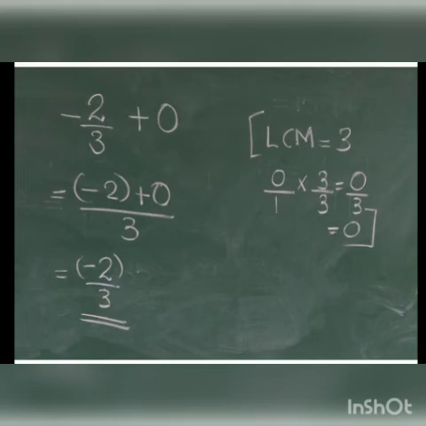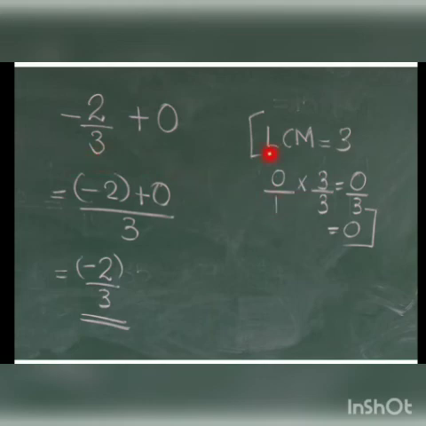Next, one more example. Negative 2 by 3 plus 0. Here, without calculating, you know the answer, because any number added with 0, what do you get? The same number itself, isn't it? Negative 2 by 3 plus 0 is negative 2 by 3. How the steps come: 0 can be expressed as a rational number, isn't it? So 0 can be written as 0 by 1, and you are getting the LCM 3.